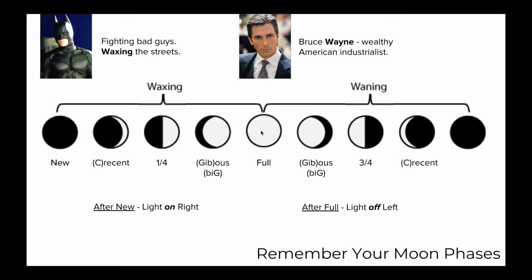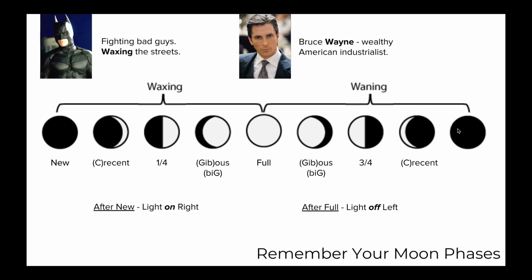As we all know, when there's no Batman, the criminals think it's okay to begin darkening the streets once again with their crime. And as they do, the moon is also losing its light. Batman is now waning. The moon is waning too. It's losing light. The light is going away, little by little to the left, and waning just like Batman.